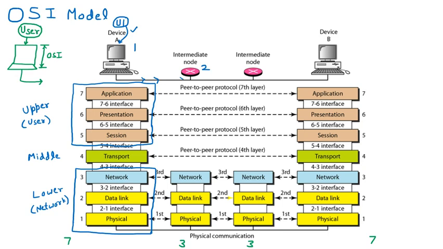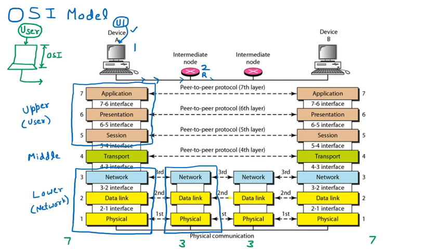Then this data goes to the router. Now this router is a network device, and a network device needs only the lower layers. So whenever you have any network device like a switch, hub, bridge, or router, assume that only 3 layers of the OSI model will work. That's why the 3 layers of OSI are mentioned: network, data link, and physical layer, because these are the lower layers that will help. There is no need of the above layers.